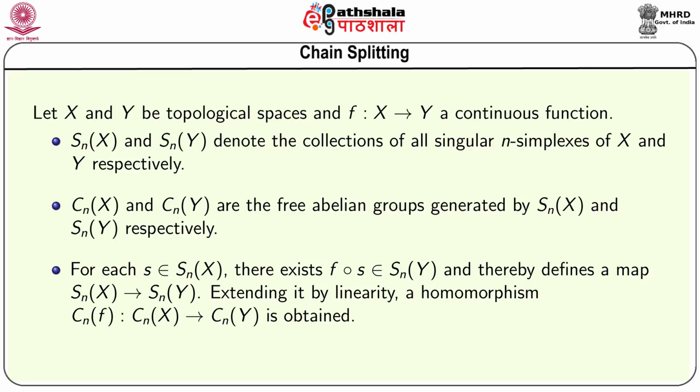For every S belonging to S_n X, there exists f composed S in S_n Y, and we get a map from S_n X to S_n Y by sending S to f composed S. Extending it by linearity, a homomorphism C_n f from C_n X to C_n Y is obtained.